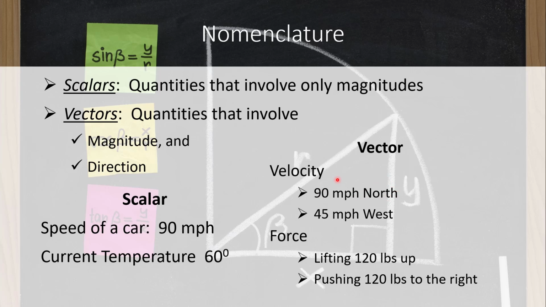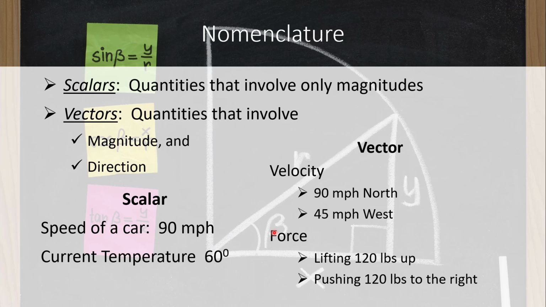It turns out that 90 miles per hour true north is different than 90 miles per hour true west, and actually is the opposite of 90 miles an hour in the direction of south. Another example of a vector, of course, is right here, 45 miles an hour in the westerly direction. But notice we have two items that specify velocity: the magnitude, which of course is the speed, and then the direction.